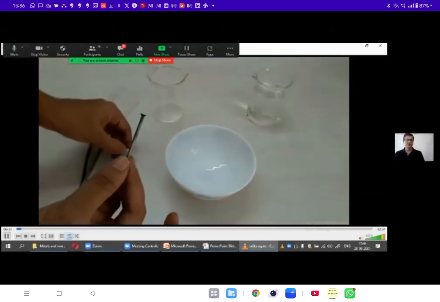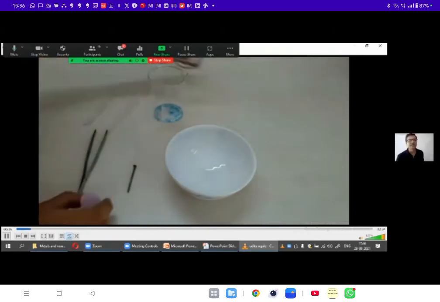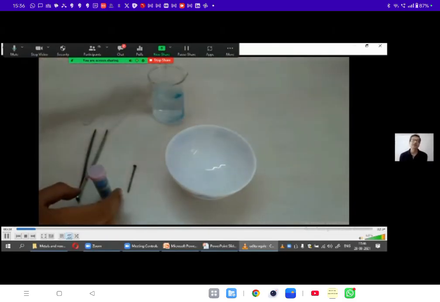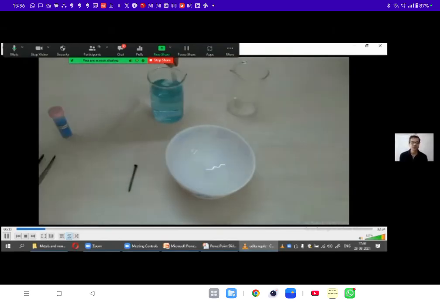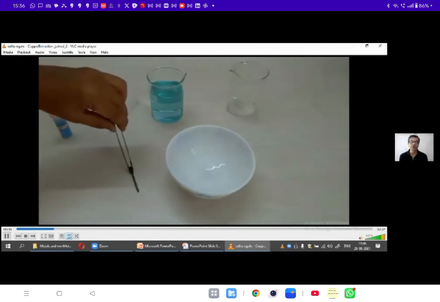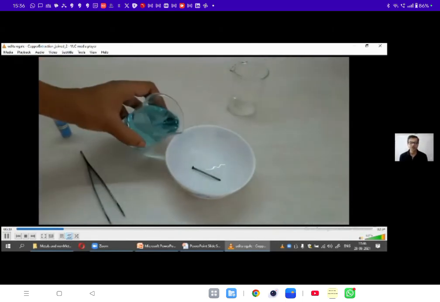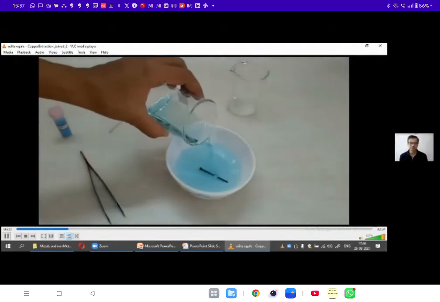This is copper sulfate which is there in the science kit or in the school laboratory also. If you get a chance when the school starts, you try doing it. First you have to make a solution of this. Here there is a bluish colored copper sulfate. So this copper sulfate solution has a very nice blue color. One iron nail is there, it is washed and then put into the copper sulfate.